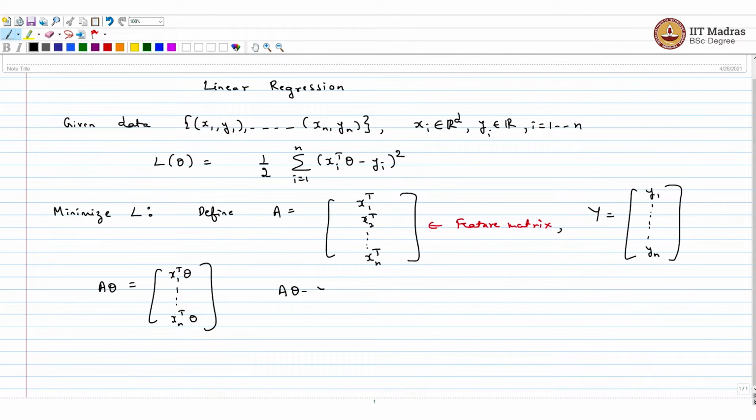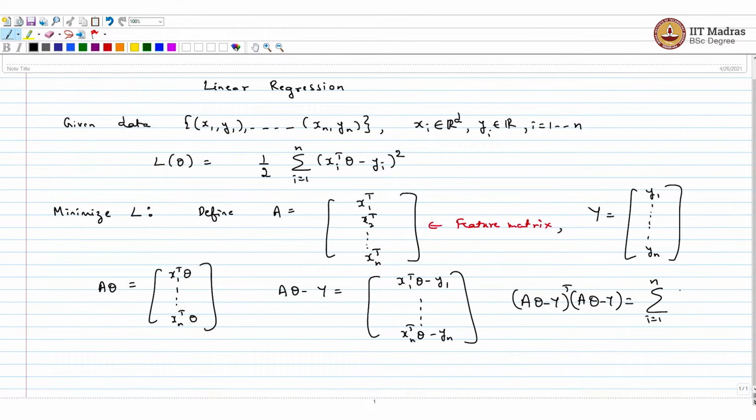So what is A theta minus y? It is x1 transpose theta minus y1, until xn transpose theta minus yn. If I take A theta minus y, transpose, with itself, I get the summation i equals 1 to n of xi transpose theta minus yi squared.